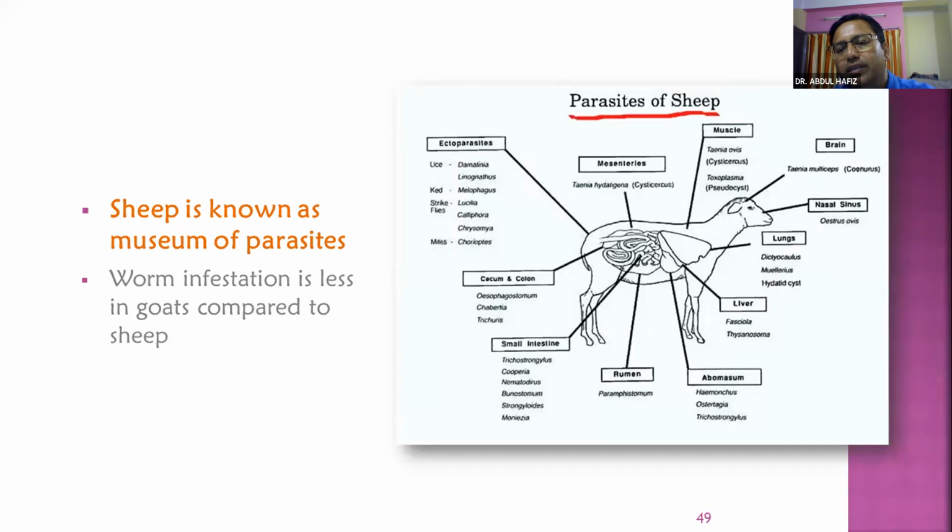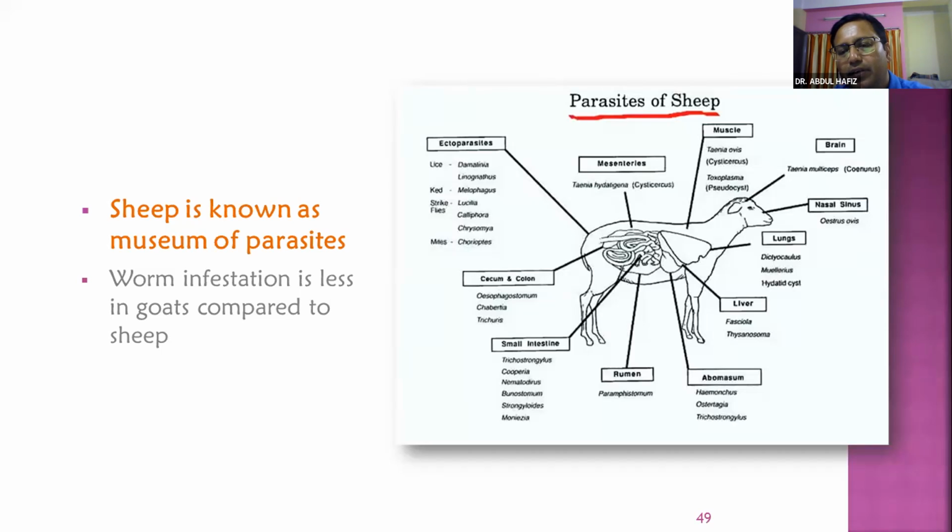Lungworms: Dictyocaulus viviparus, Dictyocaulus filaria. Lungworms are 4 to 10 centimeters long. This lungworm is very dangerous because it obstructs the alveoli, bronchioles, like that. And nowadays a Dictyocaulus viviparus vaccine is also being developed.